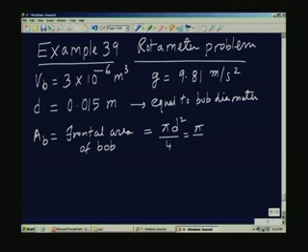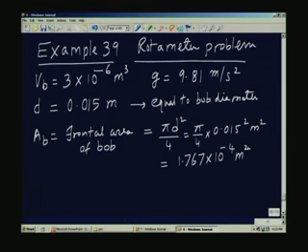So, pi by 4 into 0.015 whole squared, square meters, and this comes to 1.767 into 10 to the power of minus 4 square meters. So, the frontal area of the bob is fixed.